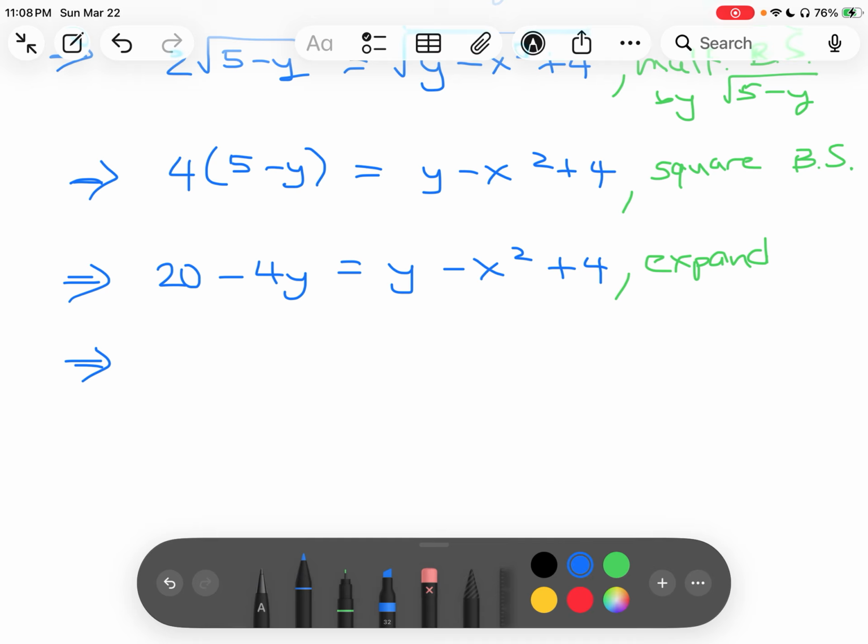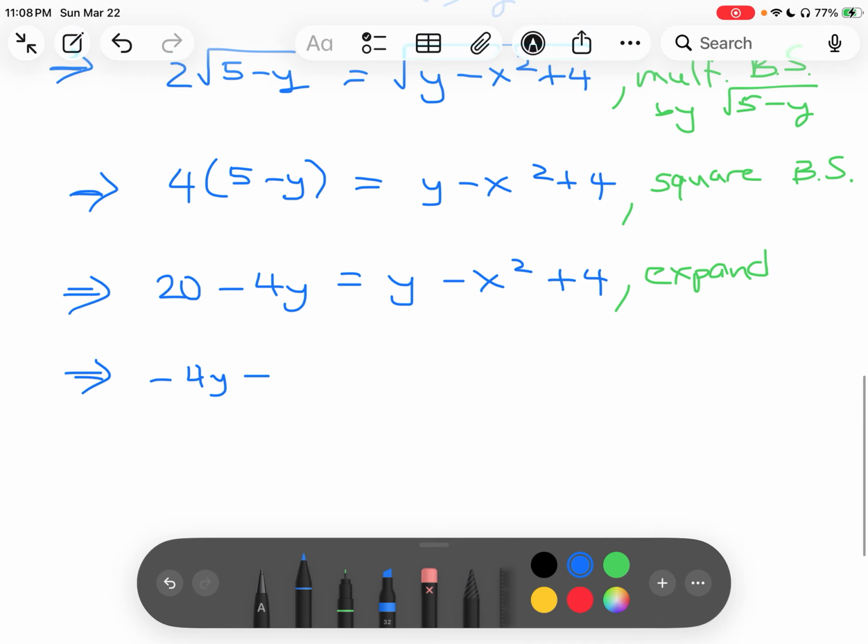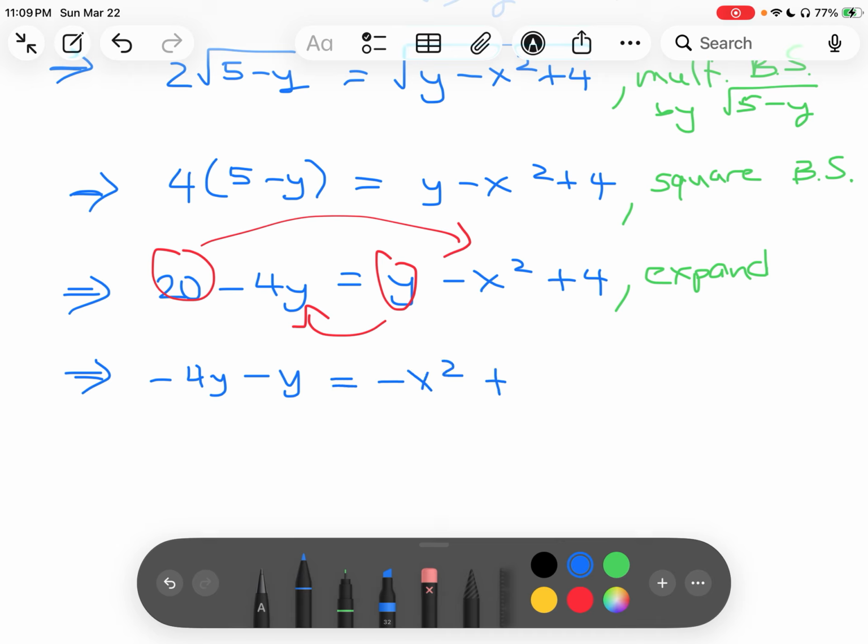So I'm going to bring this y to this side, and then bring the 20 to the other side. So I have minus 4y minus y equals minus x squared plus 4 minus 20.